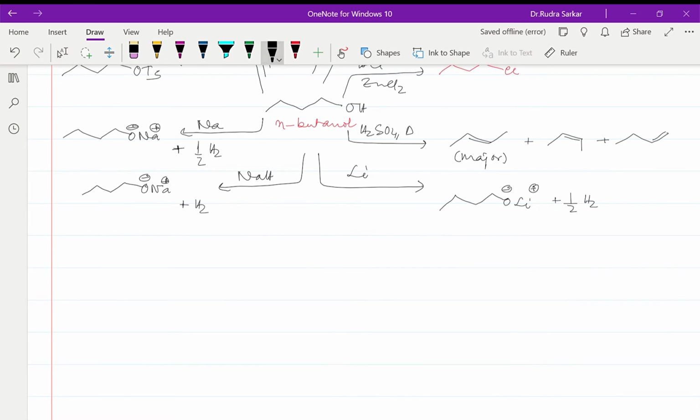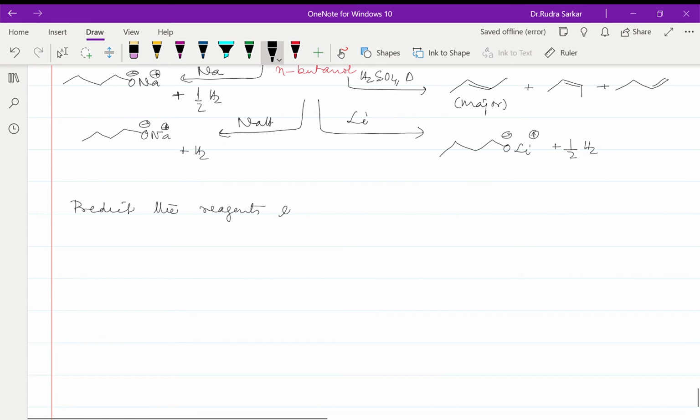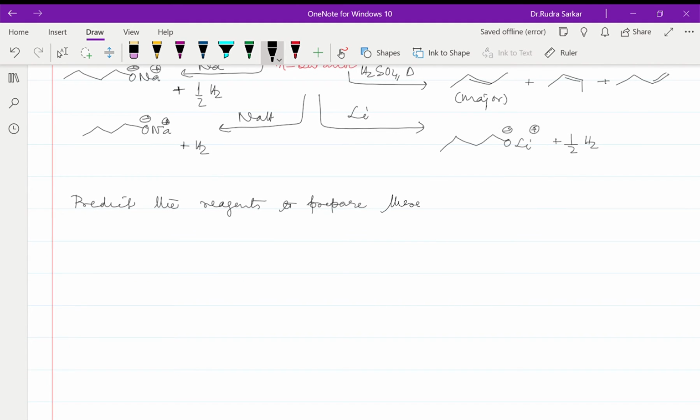Now, you have to predict the reagents out here, okay? Predict the reagents. Just the reverse, to prepare these compounds.